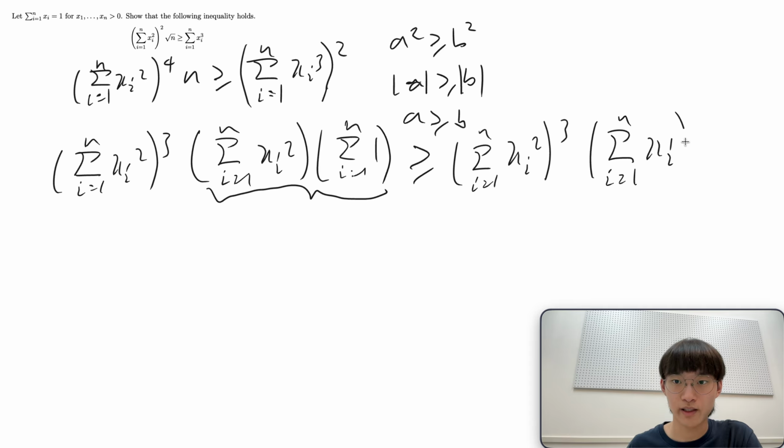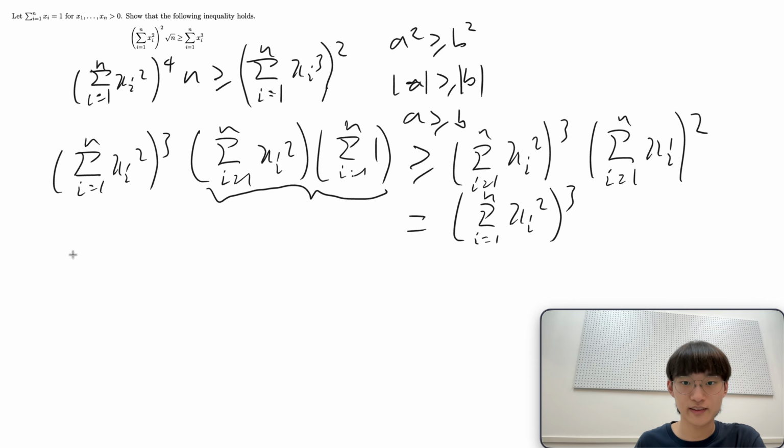x_i squared. Okay, now we know that by definition, the sum of x_i from i equals 1 through n is equal to 1. So we have this equals the sum of x_i squared, cubed.